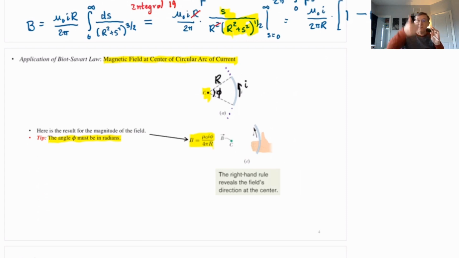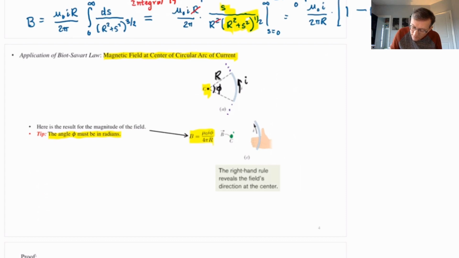Similarly here, curl your thumb along the way the current's going in the arc, and then look which way your fingertips circulate. So our current's going upwards around the arc, so I put my thumb upwards, and I see that to the left of the wire, my fingertips point up towards me. So that means the magnetic field is coming out of the screen towards me at that center of curvature point.